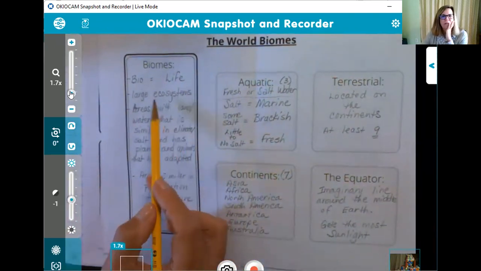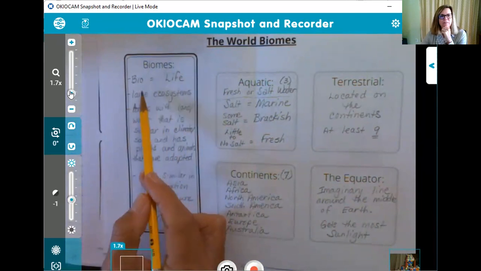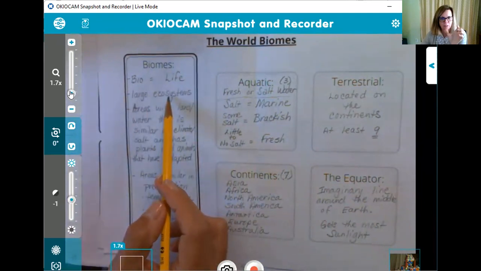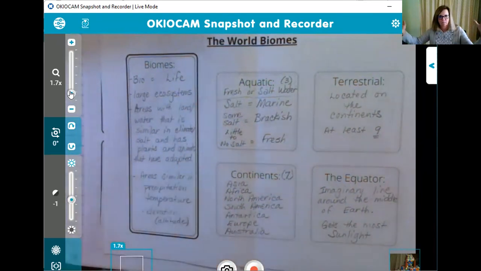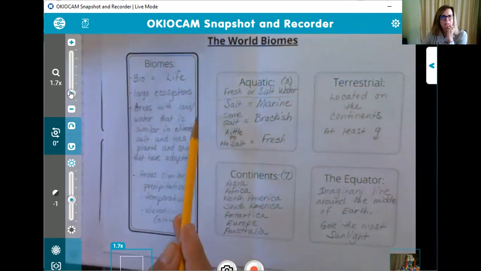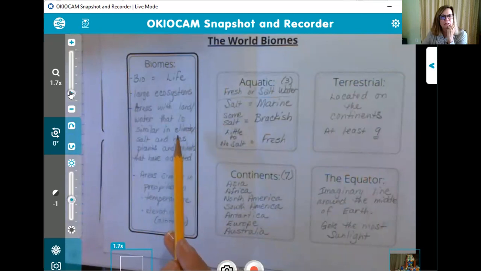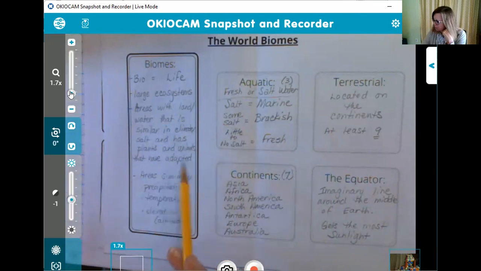Biome means life, and biomes are very large ecosystems. So we talked about ecosystems and we talked about habitats. These are bigger. They are big areas of land or water that are similar in climate or salt, and they have the plants and animals that have adapted to that area. They have similar precipitation.